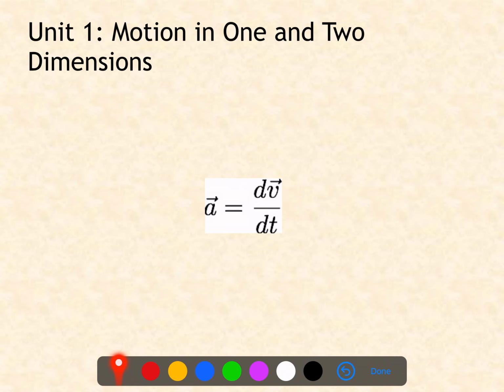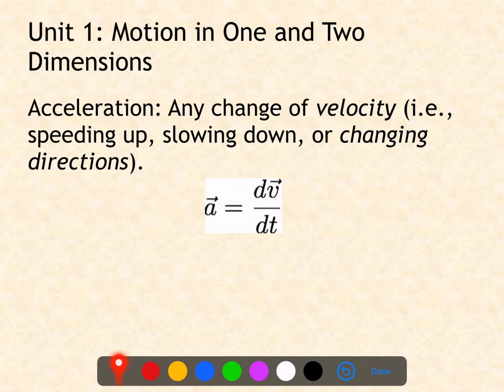Finally we introduced acceleration, which is the time rate of change of the velocity vector. Because it can involve any change of velocity, if the speed changes or the direction changes or both, then that's some kind of acceleration. Most people don't tend to think about it, but if you are traveling around in a circle at a constant speed, you are still accelerating because you're constantly changing directions.